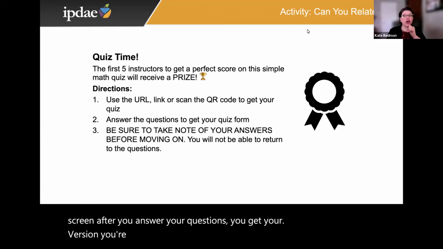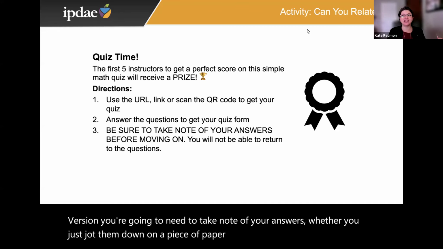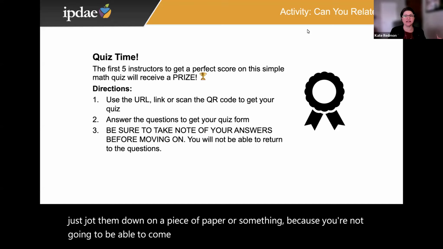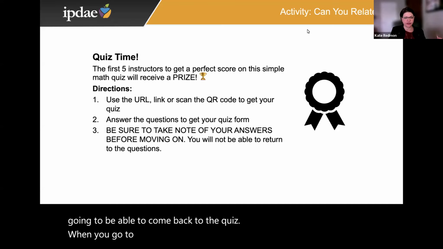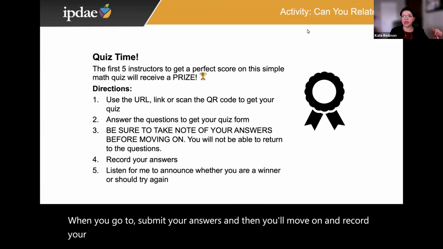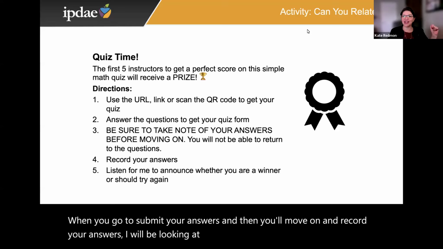You're going to need to take note of your answers, whether you just jot them down on a piece of paper or something, because you're not going to be able to come back to the quiz when you go to submit your answers. And then you'll move on and record your answers. I will be looking at the answers coming in as we're going and seeing who my winners are.